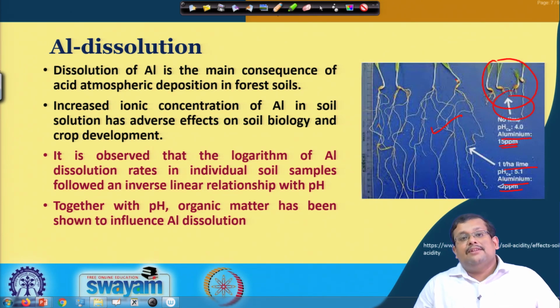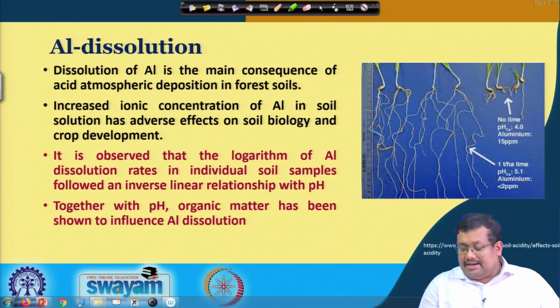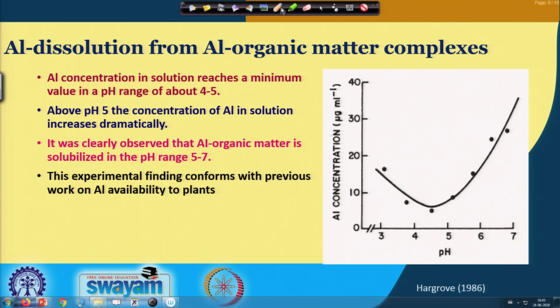It is observed that the logarithm of aluminum dissolution rates in the individual soil samples followed an inverse linear relationship with pH. Remember that together with pH, organic matter has been shown to influence aluminum dissolution. How? Let us see in our next slide. This graph shows the relationship of aluminum concentration in microgram per ml and pH.